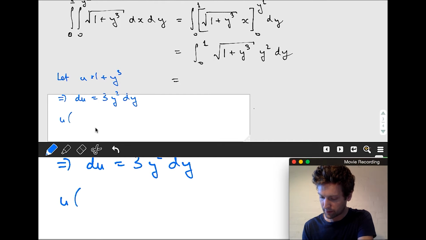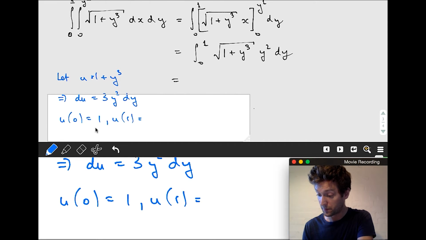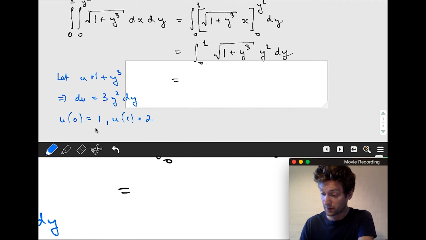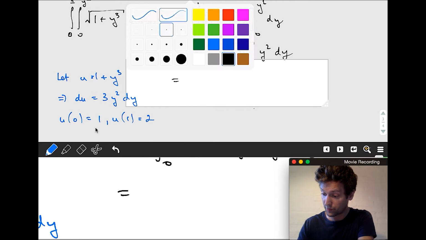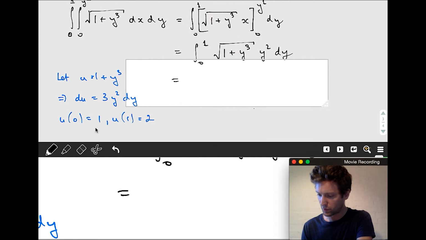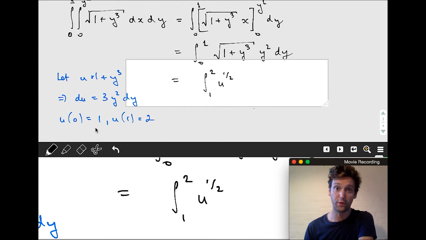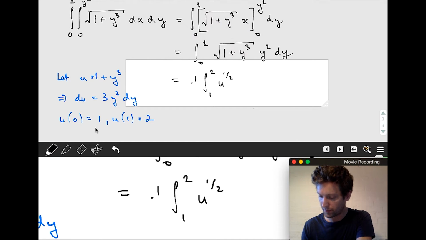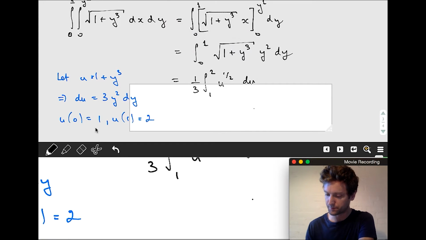So u at 0 is going to be equal to 1. u at 1 will be equal to 1 plus 1, which is 2. And I can substitute in now those expressions. So I've got the integral from 1 to 2 of u to the power of 1/2, square root of u, times y squared dy, which is 1/3 du. So I can take that 1/3 out the front.